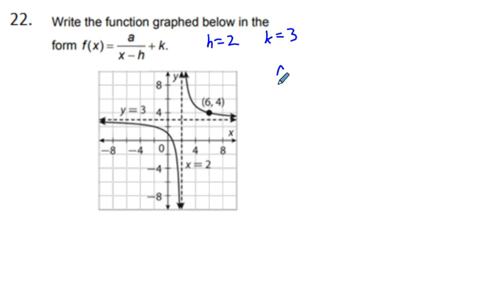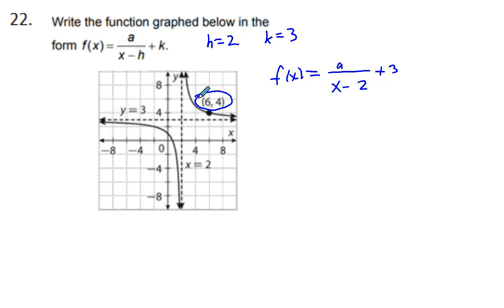So we know we're going to have f(x) equals a over x minus 2, plus 3. And if you got this far and then got a right, I gave you, I think, half credit on that already. But now we can plug in the values given.